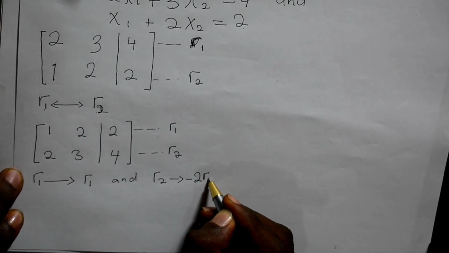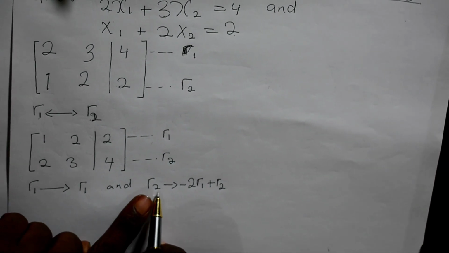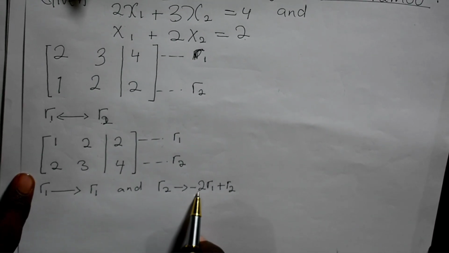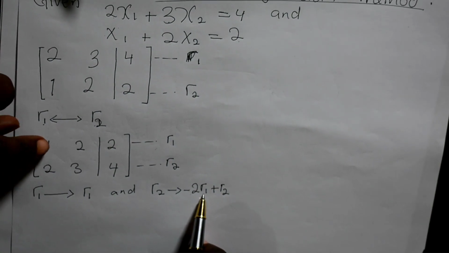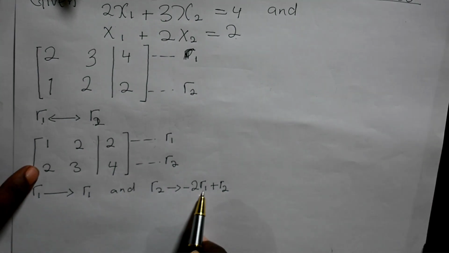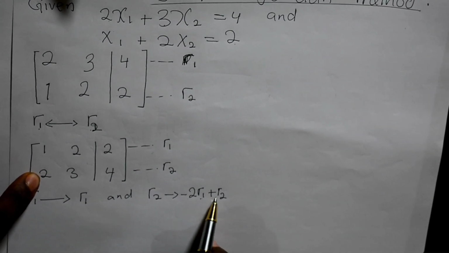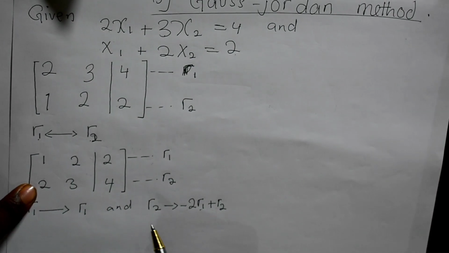-2 row 1 plus row 2. That means we are going to correct row 2 from -2 row 1. Looking at these rows, we are going to change row 2 from row 1. Then we are adding the row 2 again.